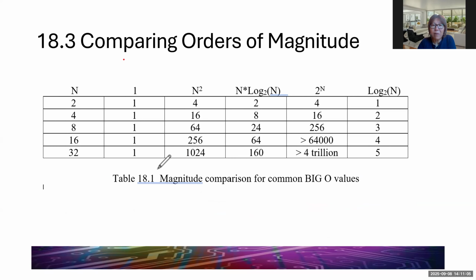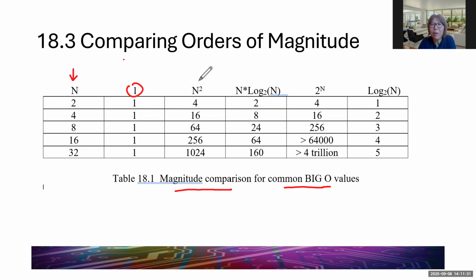This is a table for the magnitude comparison of common big O f(n) functions, with the input data size n. The constant doesn't change, no matter the data size.